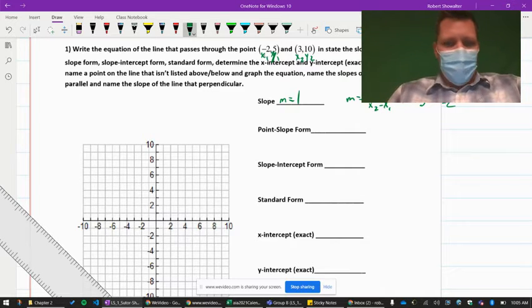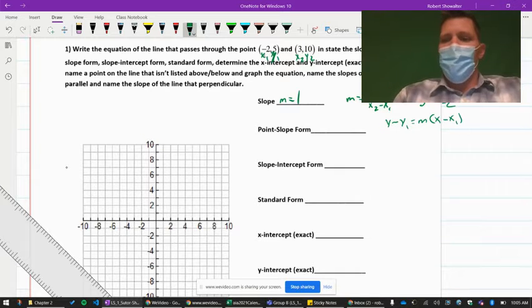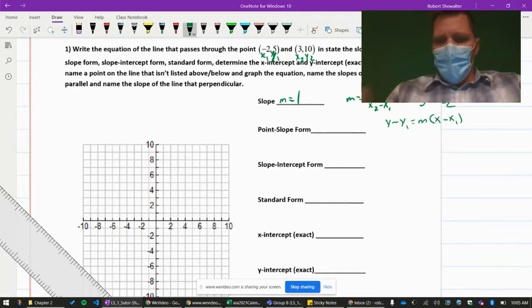Great. Now we need to put it in point slope form, which is y minus y1 equals m times (x minus x1). We are going to put a point and a slope in for this problem.